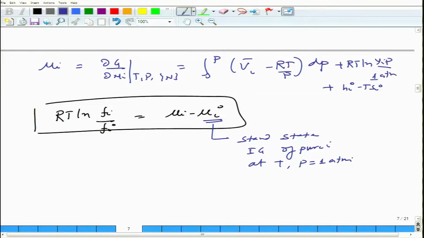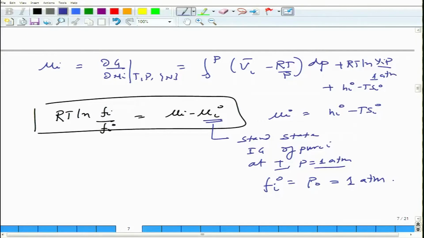In that case, mu i is nothing but, for the pure case, small gi, which is going to be hi0 minus Tsi0. And of course, considering the standard state is an ideal gas, fi0 is going to be P0, which is 1 atmosphere.